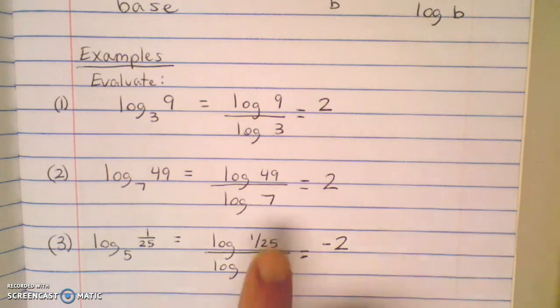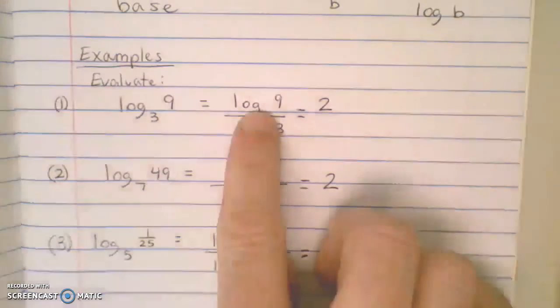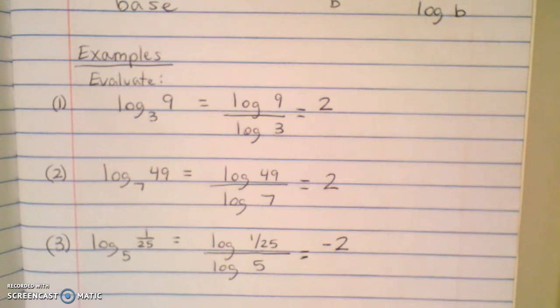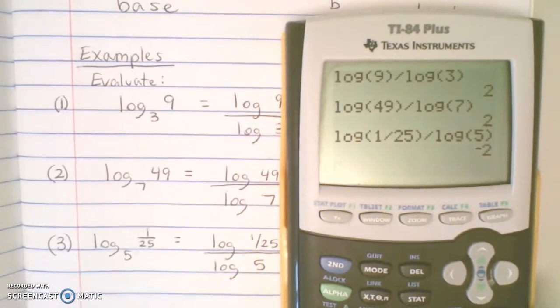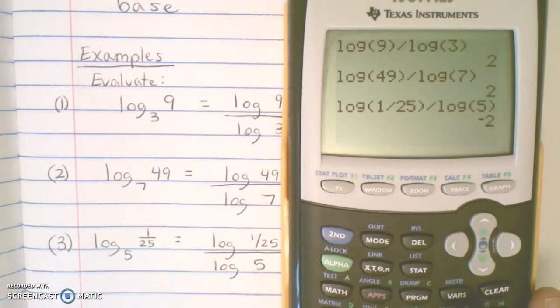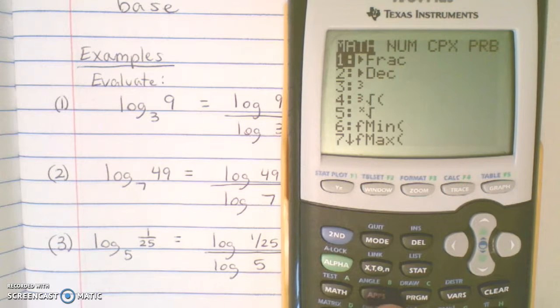So this formula will work on any calculator that has the log button. But with these TI-84s that we have in class, there's actually another button you could press that also works. So if you go to math underneath the green key, and you have all these choices. Normally we do math and then fraction.